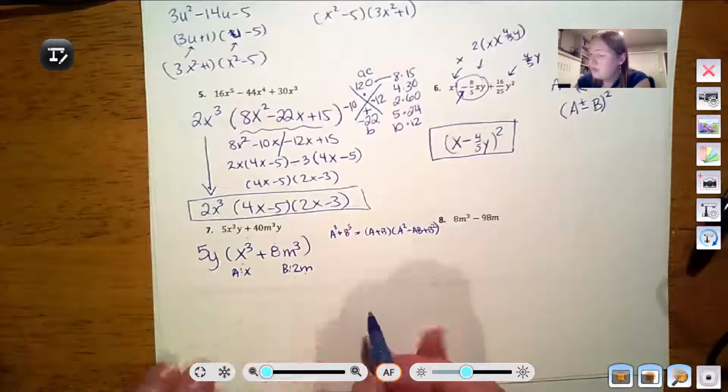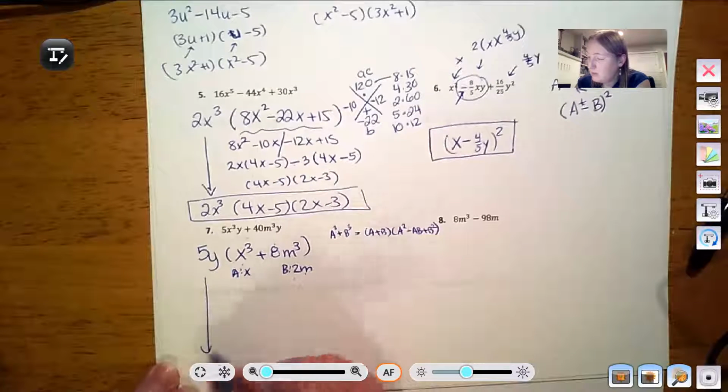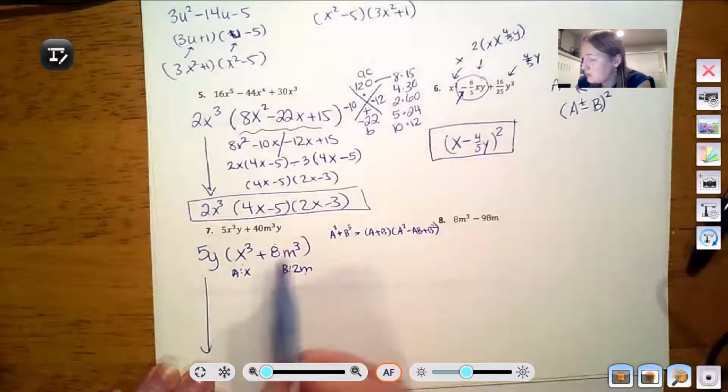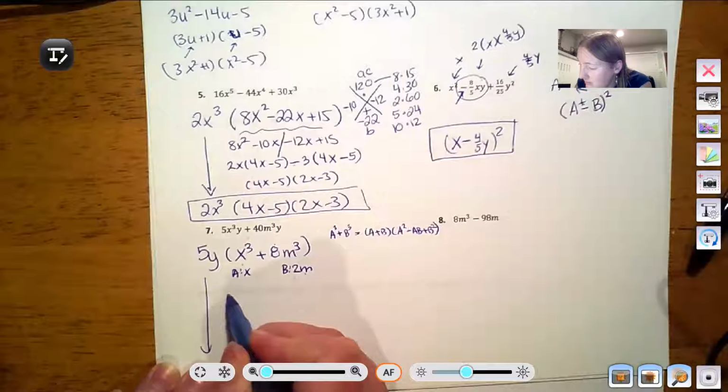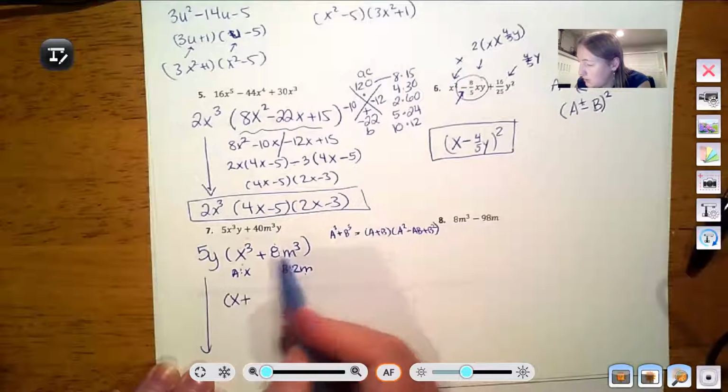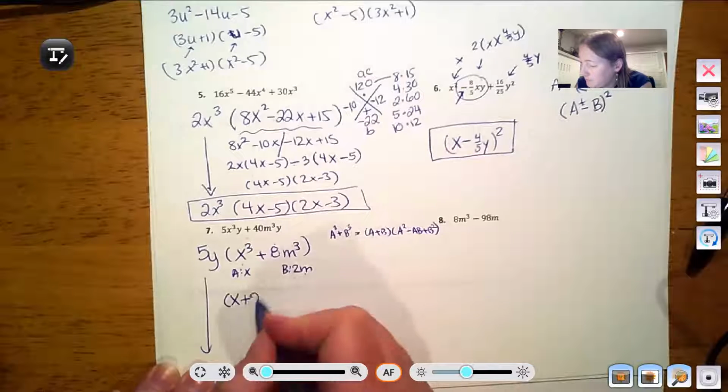And so in this case, our a is, as I had here, the x. It's what was cubed, so x, plus our b, which was what was cubed here, so 2m.